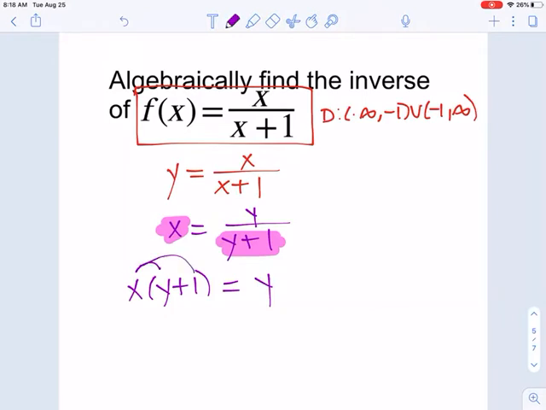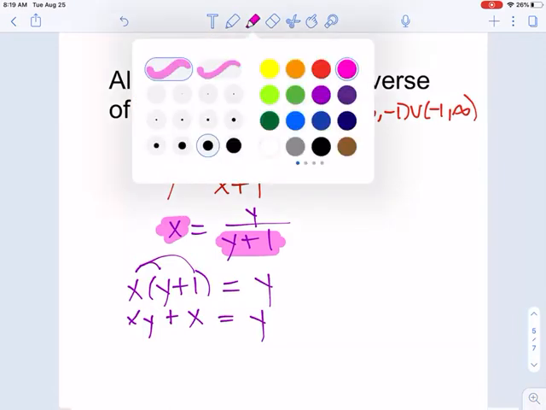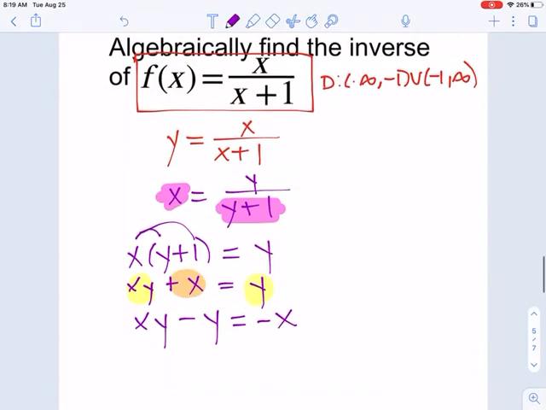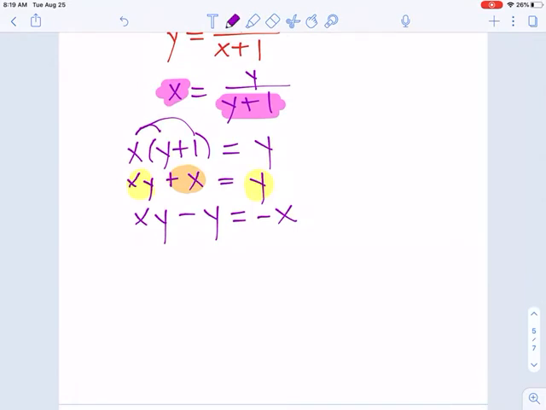Okay, now I have 2 different y values, so it's probably going to be a good idea to try to get those y's together. So let's go ahead and multiply that through. Distribute the x. What I'm going to do is I'm going to take anything with a y and put it on the same side. Okay, so I'm going to take xy, I'm going to subtract over the y, and then this x right here, I'm going to move to the other side.